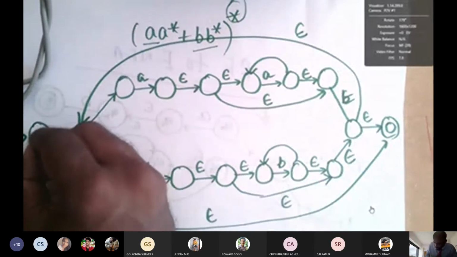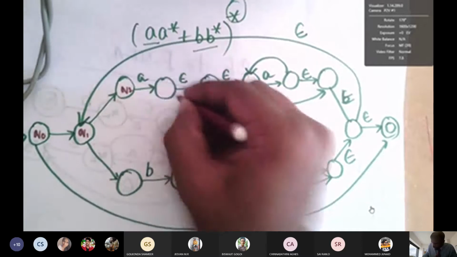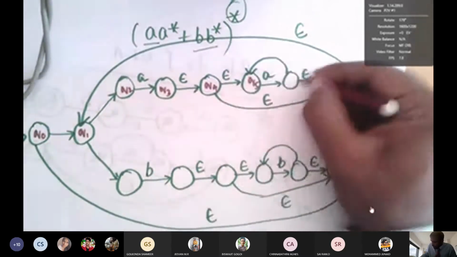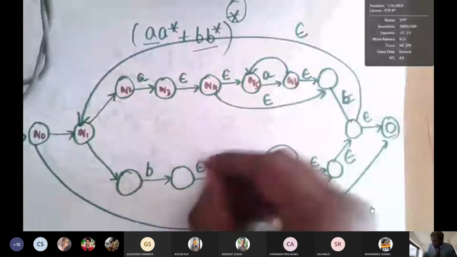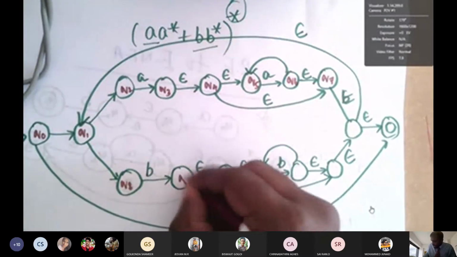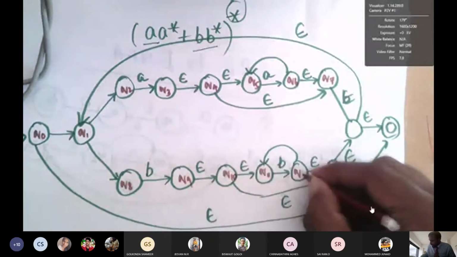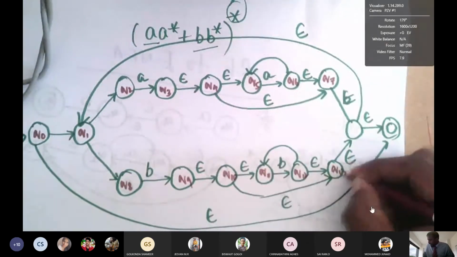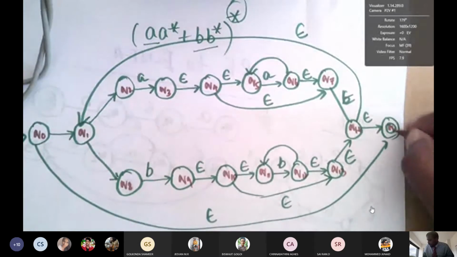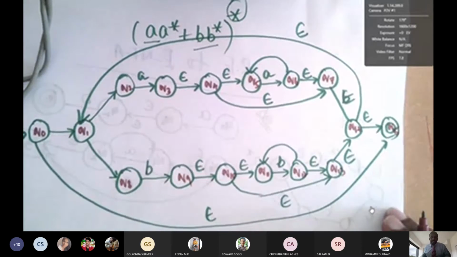So this is Q0, Q1, Q2, Q3, Q4, Q5, Q6, Q7, Q8, Q9, Q10, Q11, Q12, Q13, Q14, and Q15. So this is the idea here.